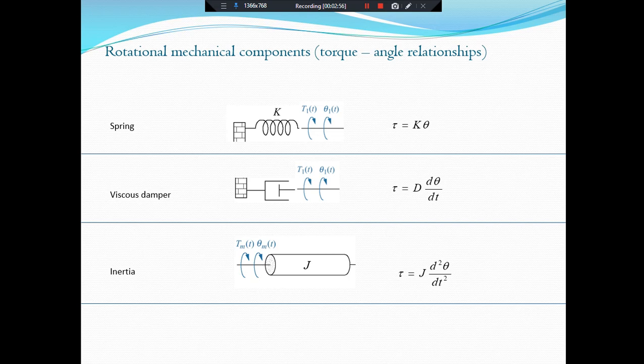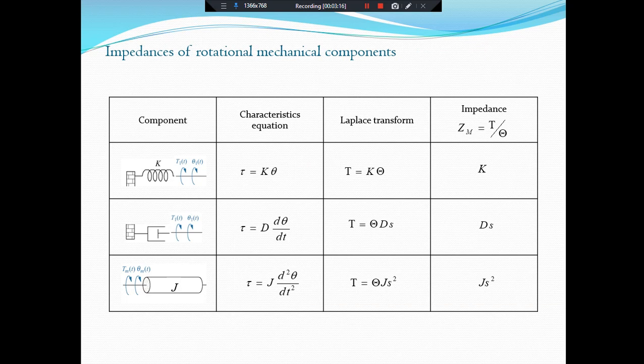Here we write it as D. Similarly, in translational we studied the mass, while here we deal with the inertia, as we deal with the shaft, or angular mass. There is not a major difference between the two.